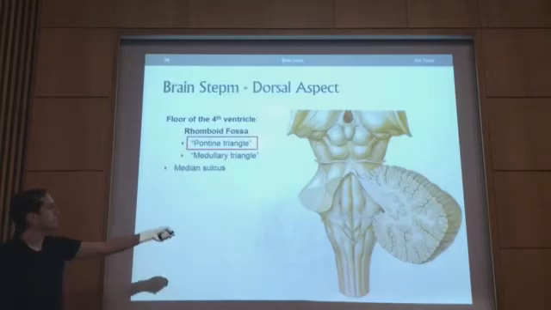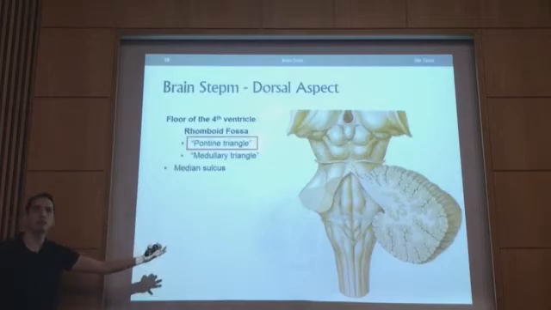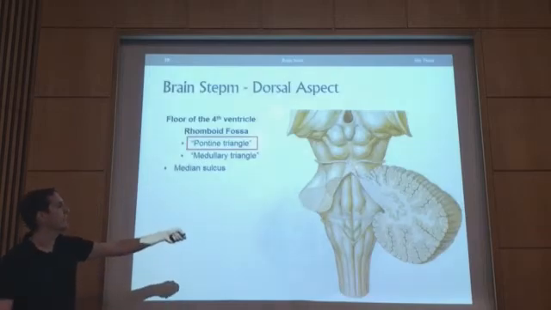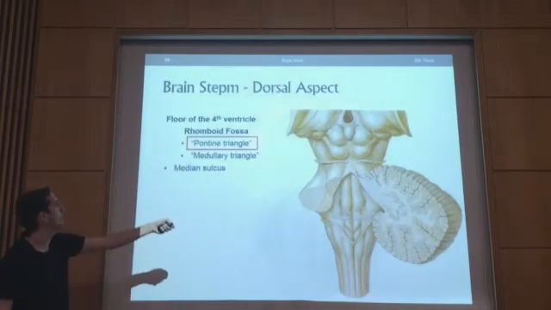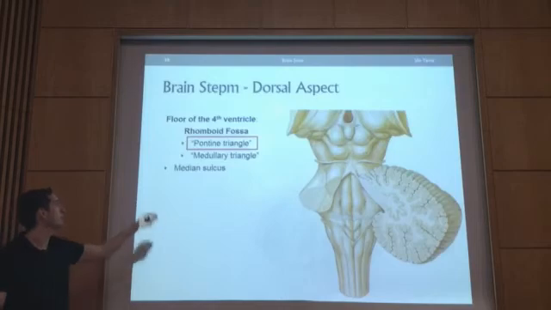So you can see a sulcus in the middle, like we saw in between the two pyramids in the medulla in the ventral aspect. You can see a very clear border, and this sulcus is called the median sulcus. It is exactly on the midline, so it's not a surprising name.